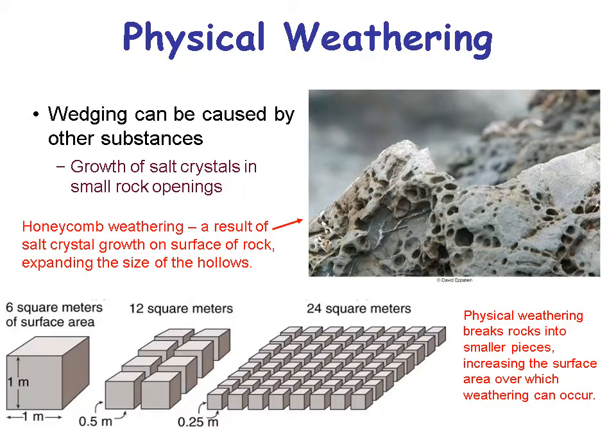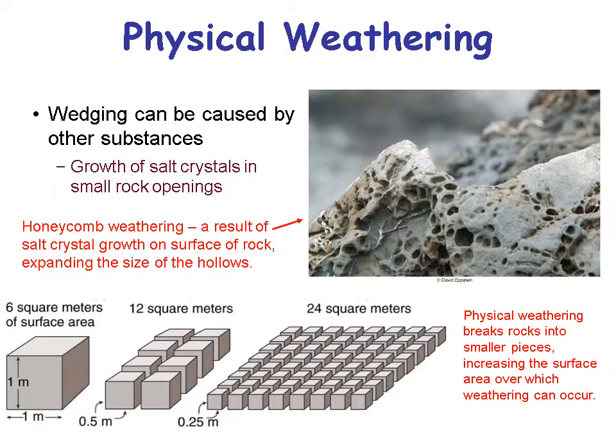Break that up into quarter meter blocks, and you get 24 square meters. That's a real important principle, because then you get physical weathering on 24 square meters of the same rock versus 6 square meters when it's one solid piece.